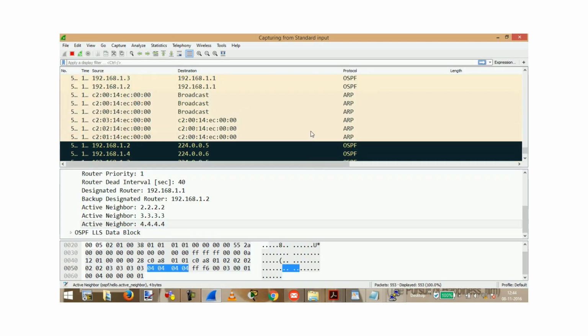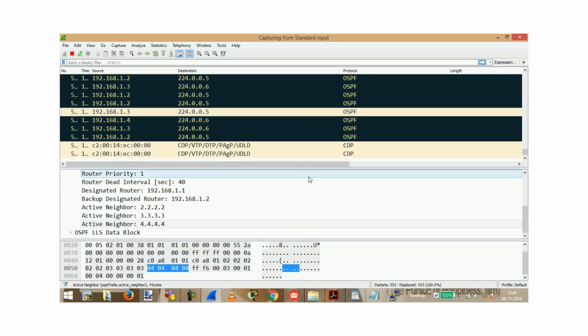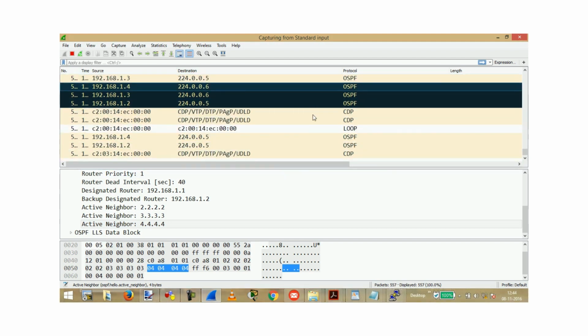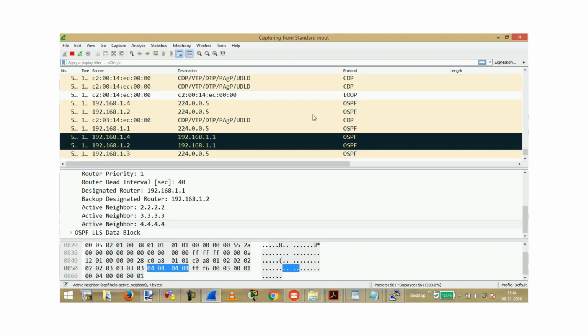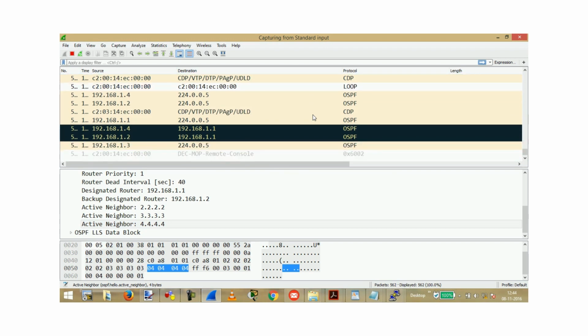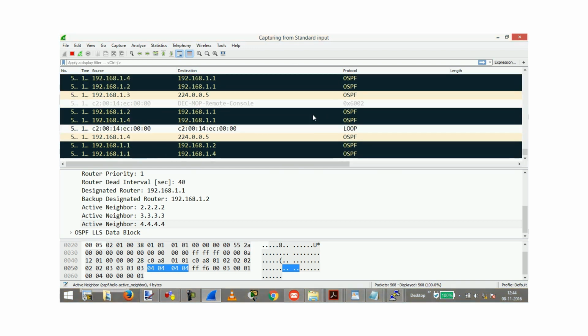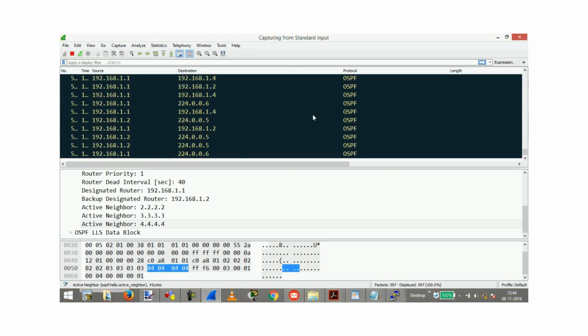So now we will be able to capture all the events that will occur between these routers. So these are the different events that are occurring between them.